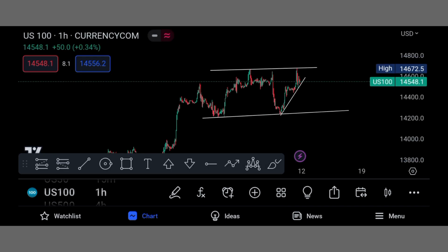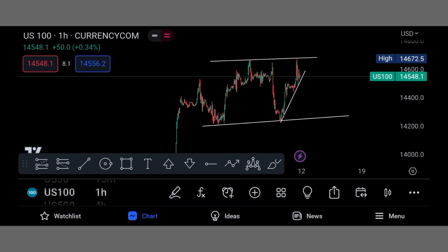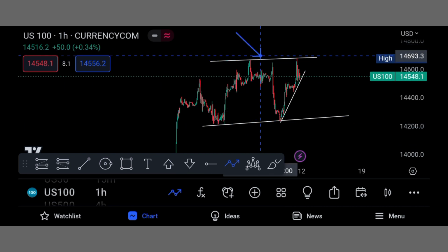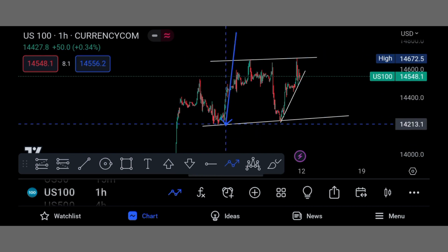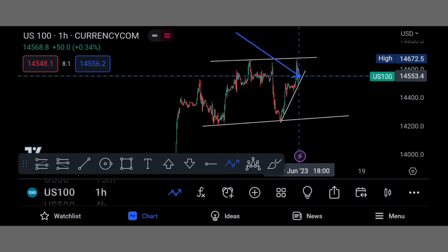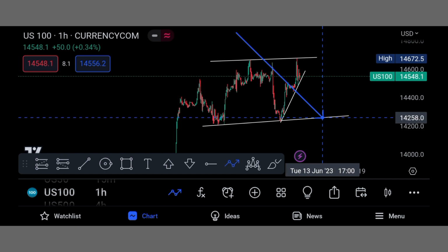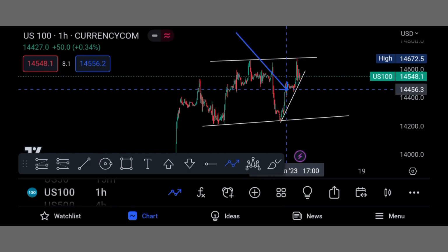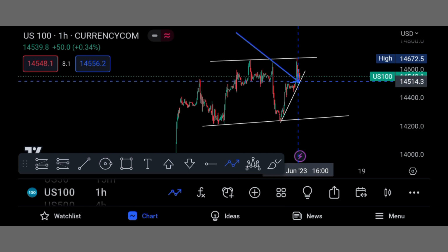You can see that right here we have our first touch, second touch on our resistance trend line, and on our support trend line we have our first touch, second touch. So we might be looking to sell and make our third touch and then continue to the downside. So we'll just see what US100 has for us, but I'm not going to take sell entries.